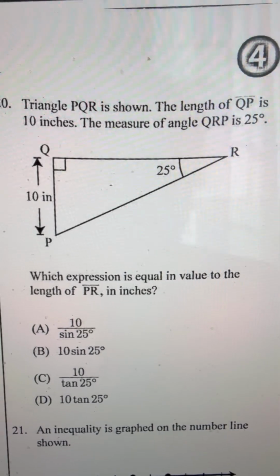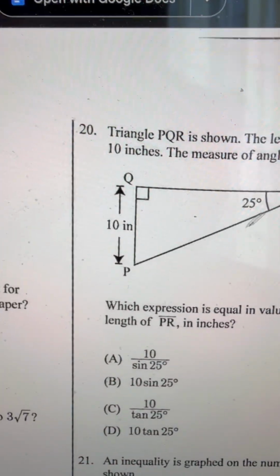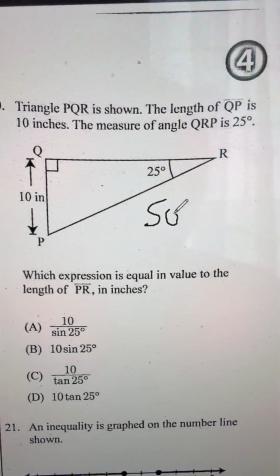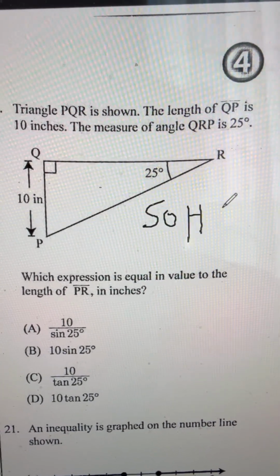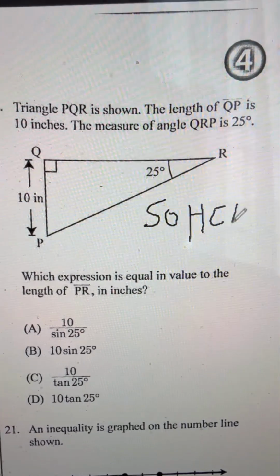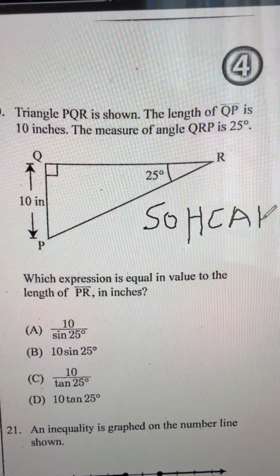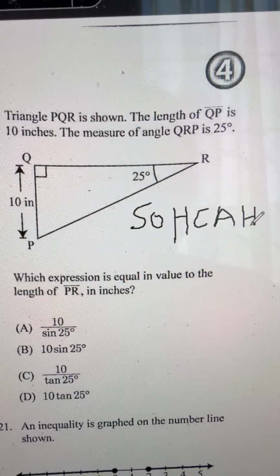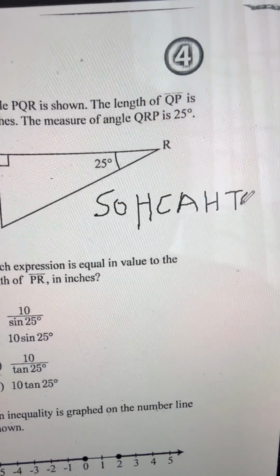You're going to use what's called SOHCAHTOA. This is basically an acronym to help you remember which one goes with what.